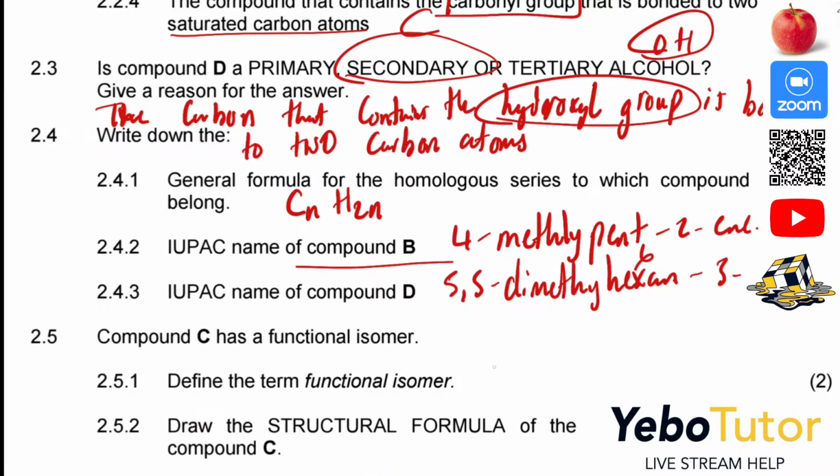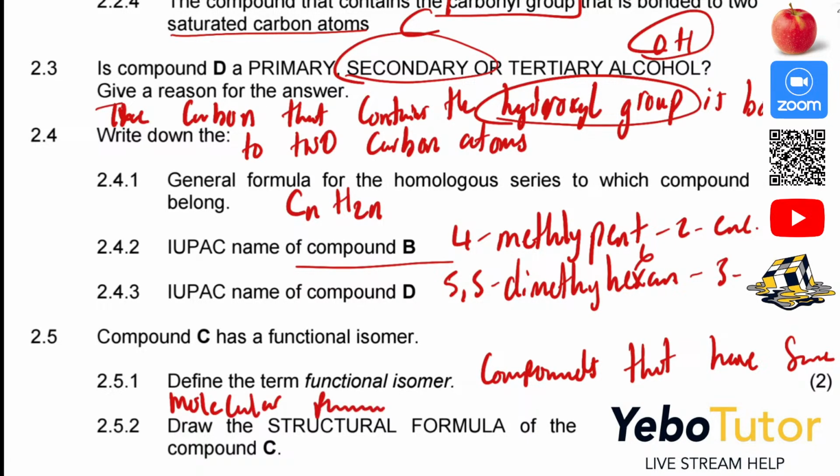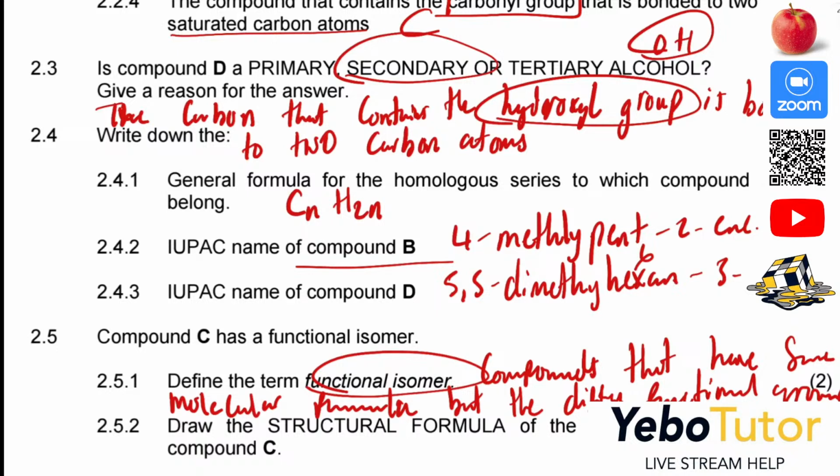These are compounds that have the same molecular formula, but they have different functional groups. The fact that it's a functional isomer means it's only the functional group that is different, but they have the same molecular formula.